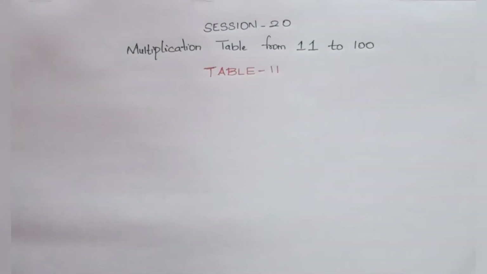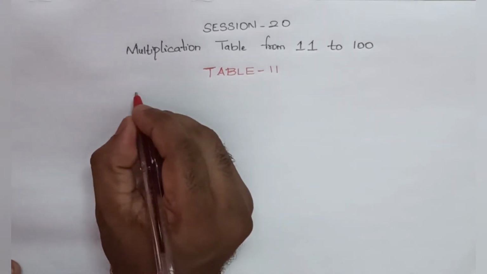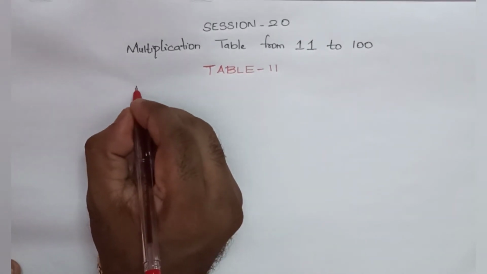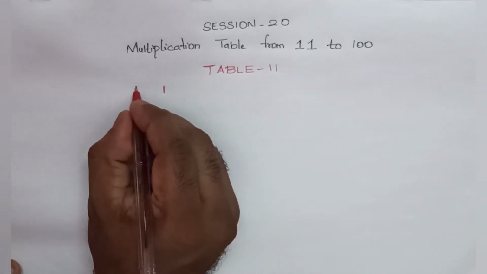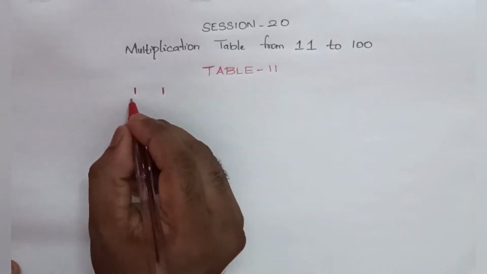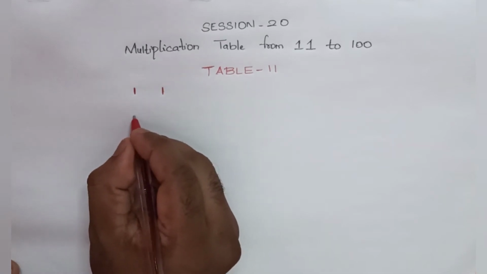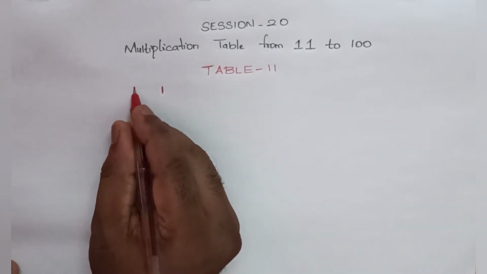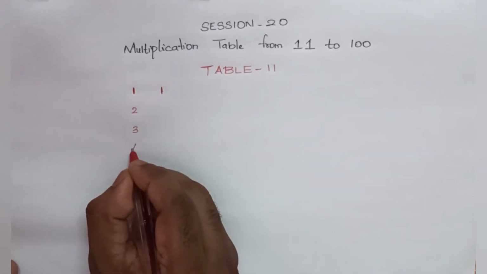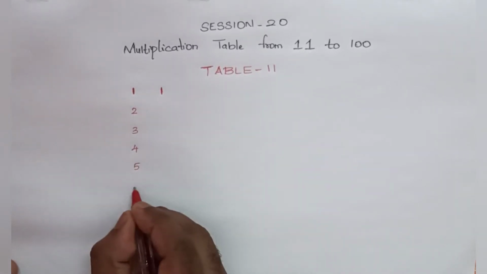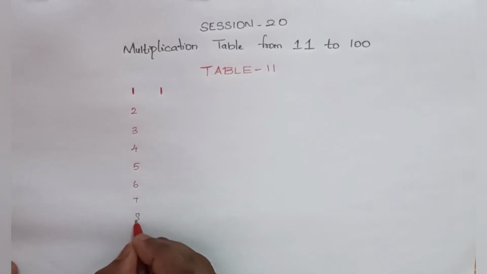For table 11 you have to write two table 1s like this. This is table 1, this is also table 1. Table 1 means you have to write a sequence from 1 to 10: 1, 2, 3, 4, 5, 6, 7, 8, 9, 10.